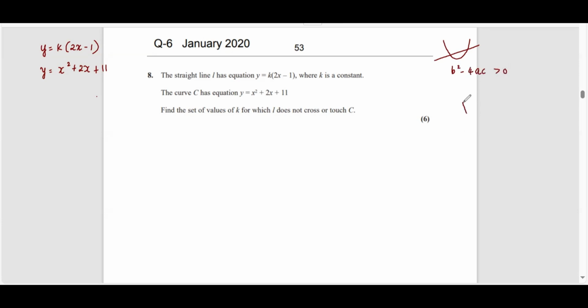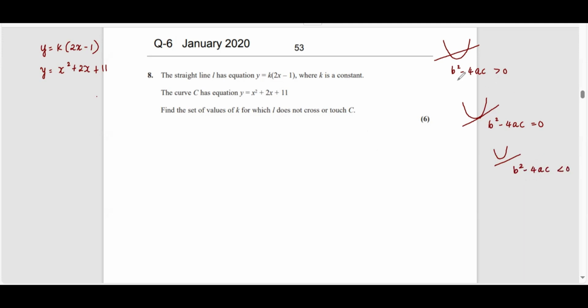If it touches the quadratic curve at one point, then the discriminant b squared minus 4ac is equal to 0. Finally, if the line is not touching or crossing the quadratic curve, then the discriminant b squared minus 4ac should be less than 0.